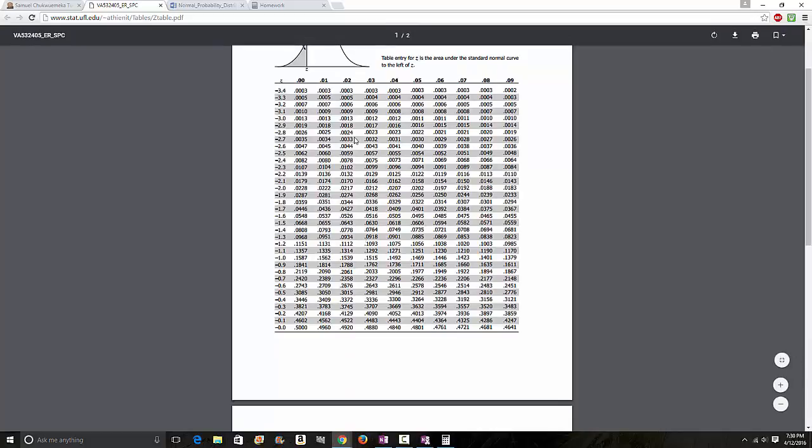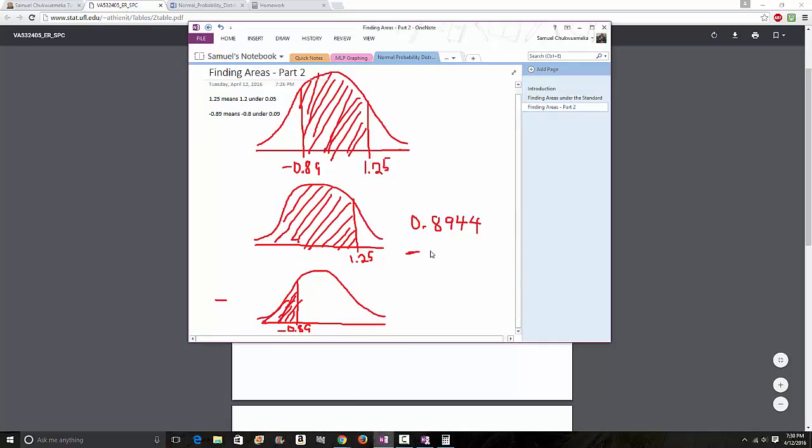We come over here, and that gives us 0.1867.